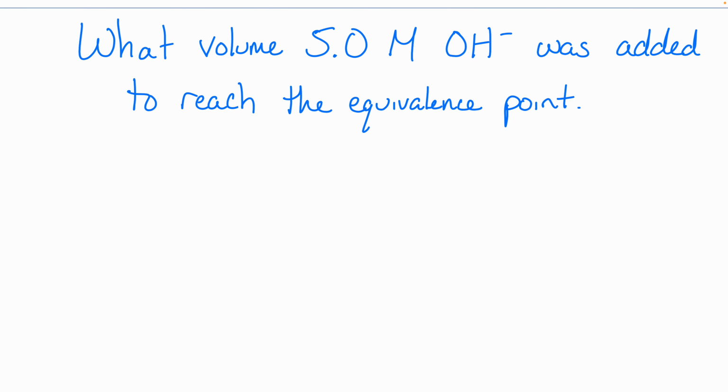All right, and the most important thing here is our definition of our equivalence point, that moles of acid that we started out with initially equal the moles of base added.